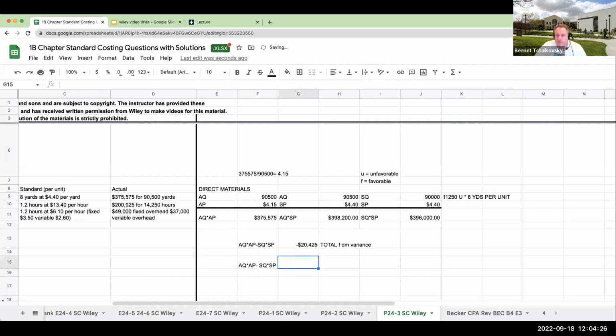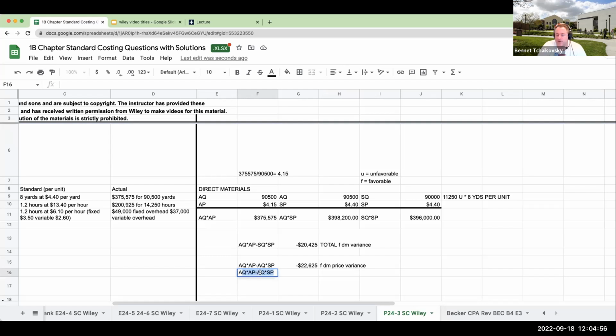To isolate this, the first thing I'm going to do is my price variance, which is AQ times AP minus AQ times SP. This is going to be a favorable direct materials price variance. When I do this, the quantity remains constant, so I'm focused on the price.